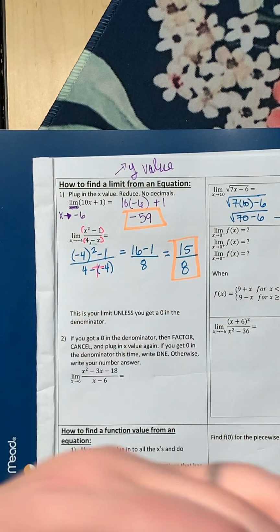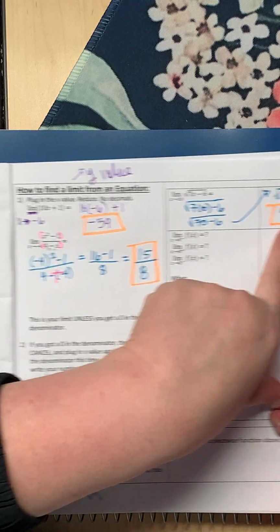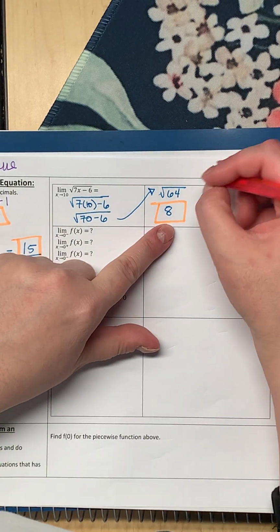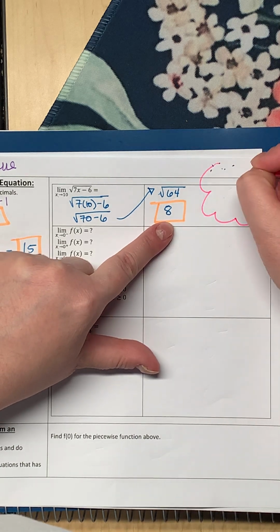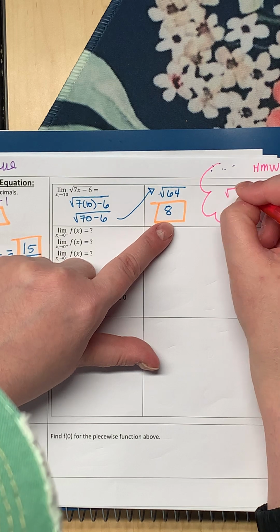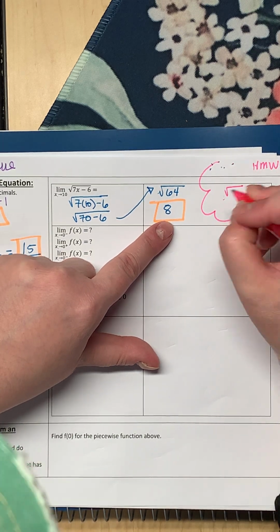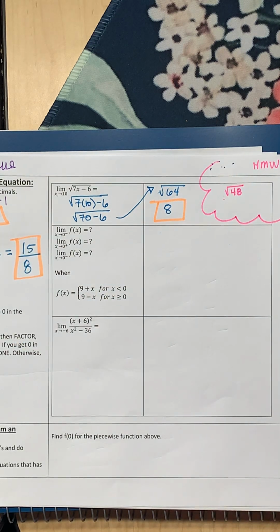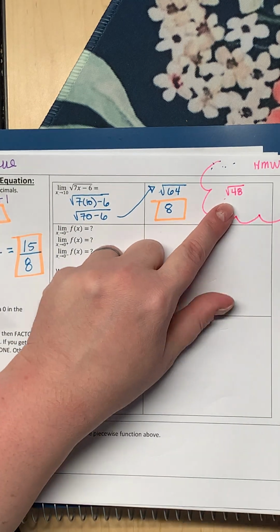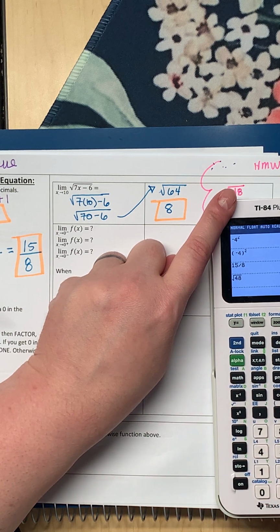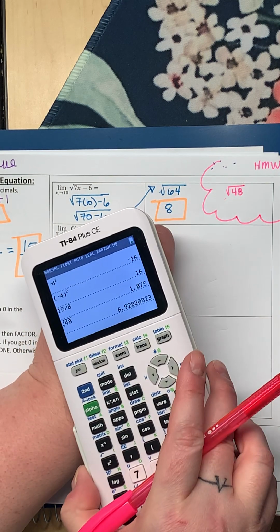Exciting. Let me show you what you would have done if it wasn't perfect. So in the homework, it might not be perfect. Let's say on the homework, you got square root 48. Okay, then if I try and type square root 48 in my calculator, it gives me a decimal, and I don't want that.